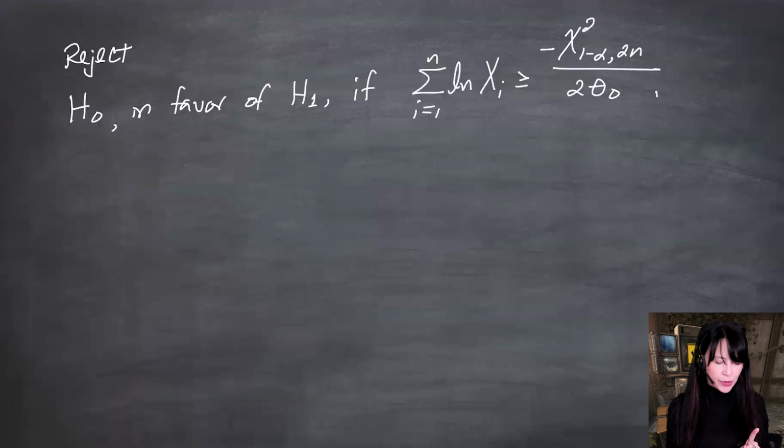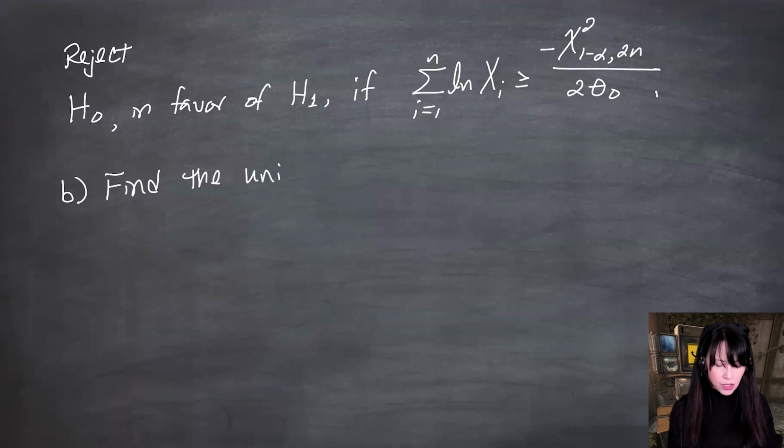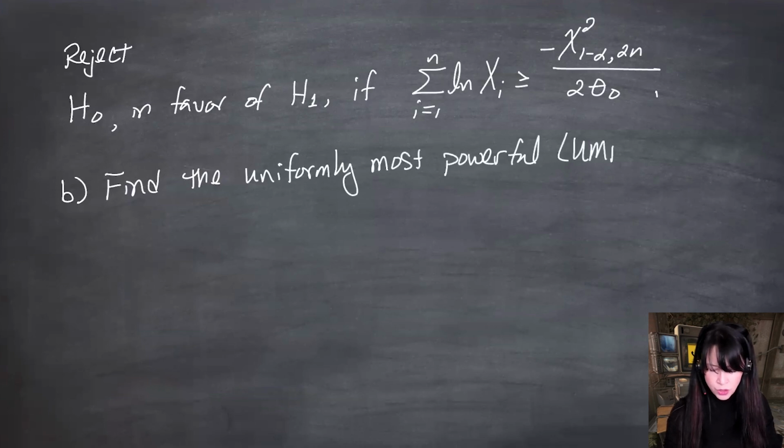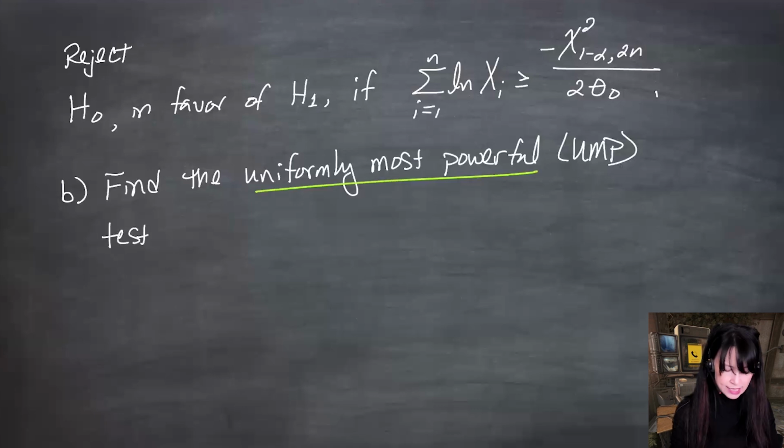Part B, I want to ask you a different question where I'm actually defining a big thing here in the question. I want us to find the uniformly, this is what I'm defining actually, most powerful, otherwise known as the UMP test of size alpha.